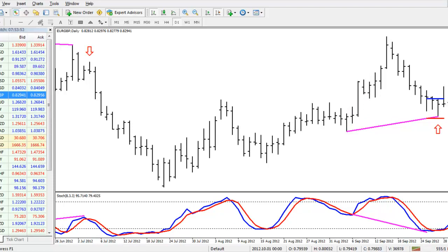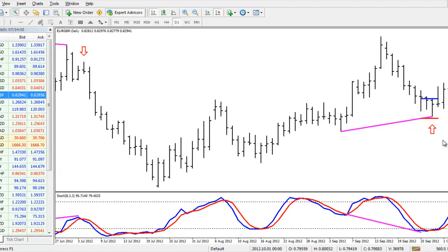Another bar comes along and closes, and we're still going to leave our stop loss where it is because this is still the lowest low of the last 3 bars. If the next bar goes higher, then we'll be able to move our stop loss. And that's exactly what's happened.